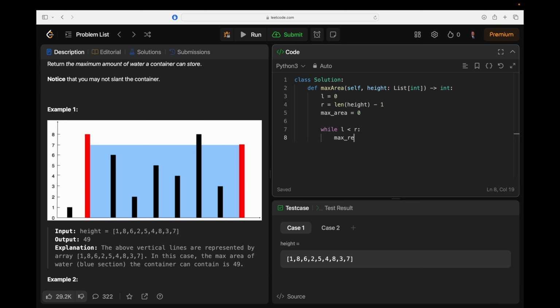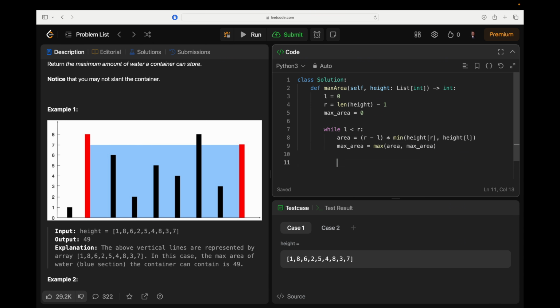We can say max area equals max between, we'll store, okay, area equals R minus L, that's the distance, times min height R, height L. Okay, cool.